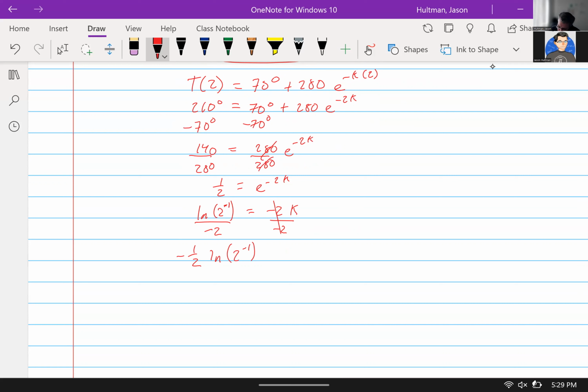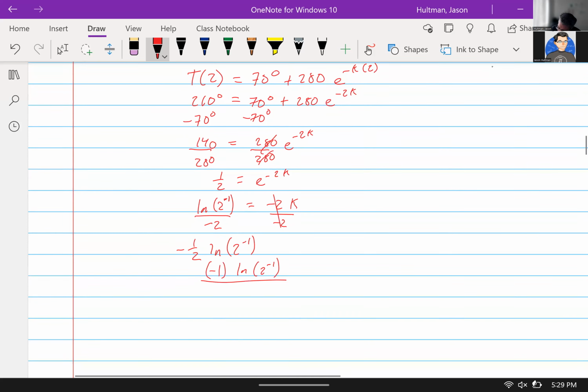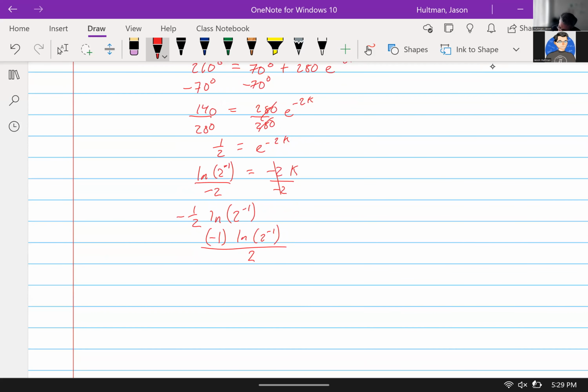What I really want to do is take this negative 1 and put it in front. I don't know how adept you are at logarithms, but if we do that, then we can raise this 2 to the negative first power to another negative first power. This goes up here. So this is 2 to the negative first to the negative first.